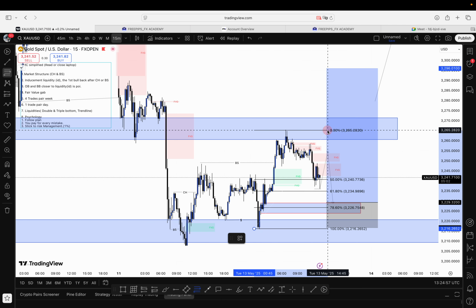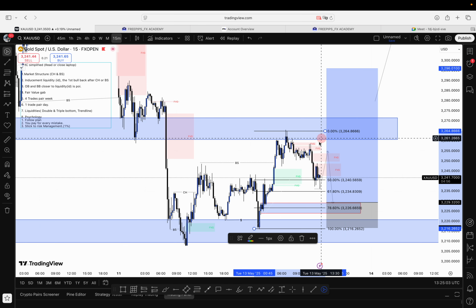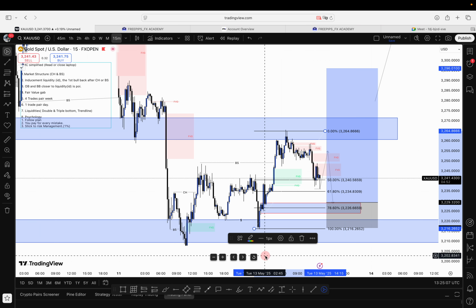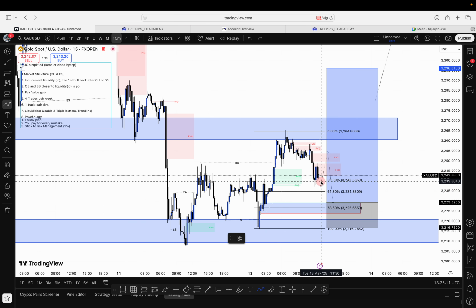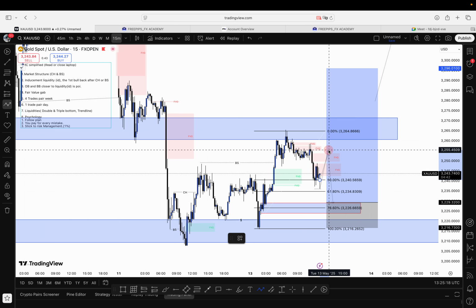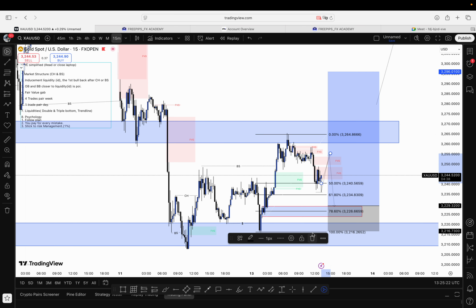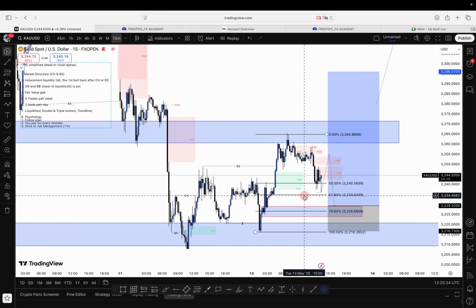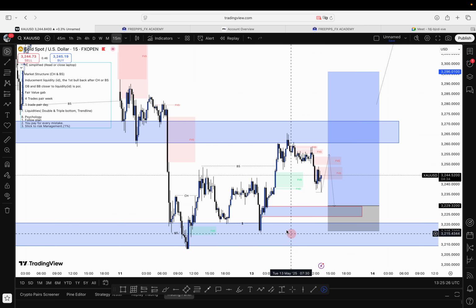So if you put your Fibonacci, the pullback should be on 50%. You get it? The first pullback should be on 50%. So right now it has come to the 50%, and if it's able to push to the top here and reverse back, then I'll be interested in taking the buy from this order block.